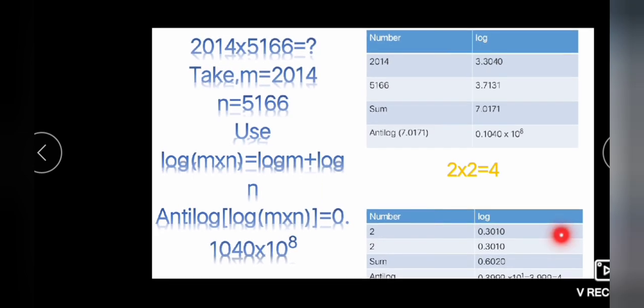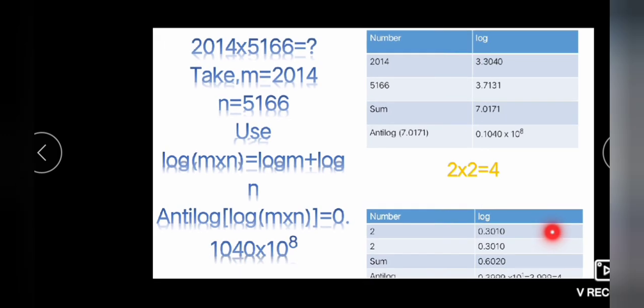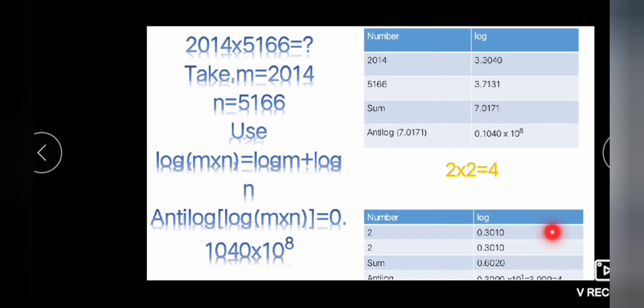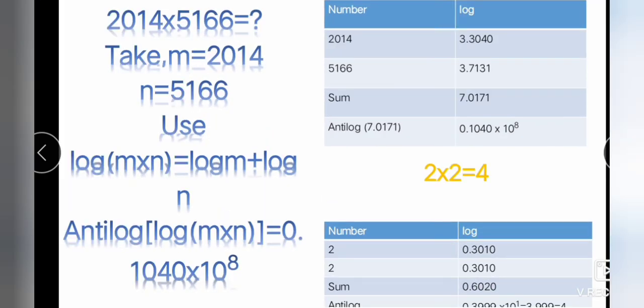Before the decimal there is 0, add 1, so the power of 10 will be 1, which is multiplied to the antilog. And see the antilog of 60 in 20.